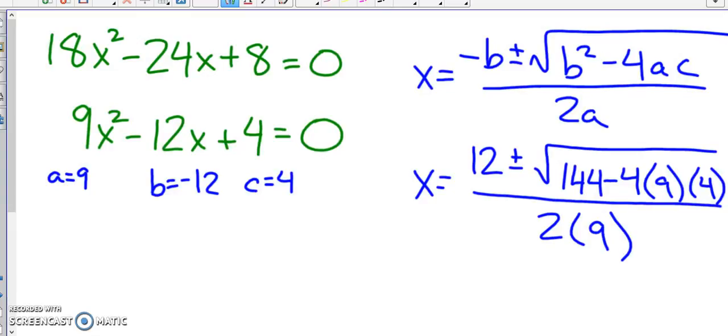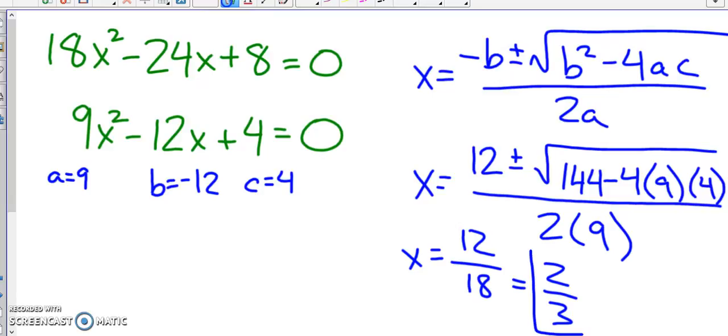So this comes out to be 12 over 18, which is 2/3. One thing that you can tell if you're doing the quadratic formula: if your square root simplifies all the way, that means that your original equation was factorable. So this one that we started out with was factorable, but you can still use the quadratic formula to solve it.